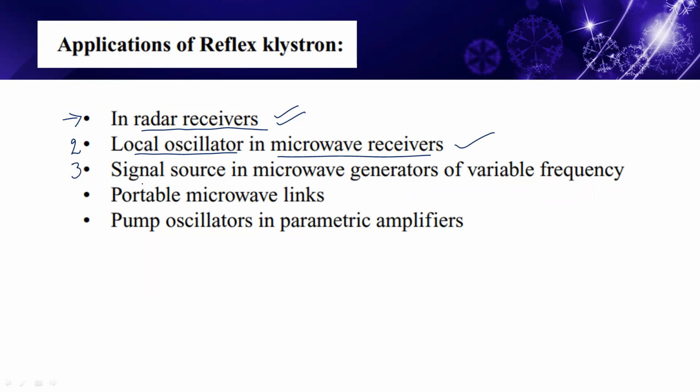Third application, signal source in microwave generators for variable frequency. Microwave generators are very important devices. They are used to generate microwave signals for various frequency values, with variable frequencies.